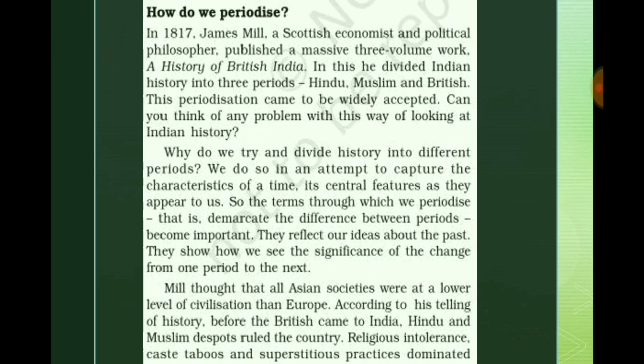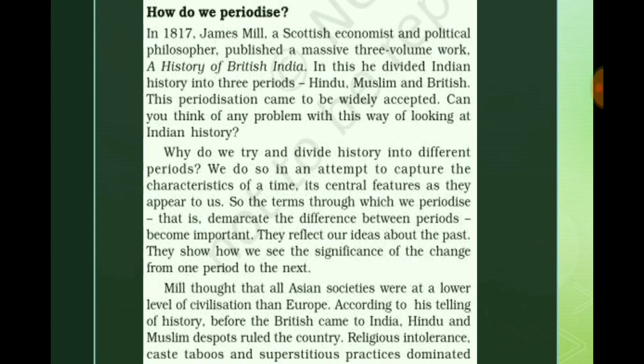Now this type of meaning could not be accepted today, primarily because there was not a single period at that time which was referred to as a Hindu or Muslim period. This fact does not exist. This is absolutely wrong, and we have lots of examples in this period.